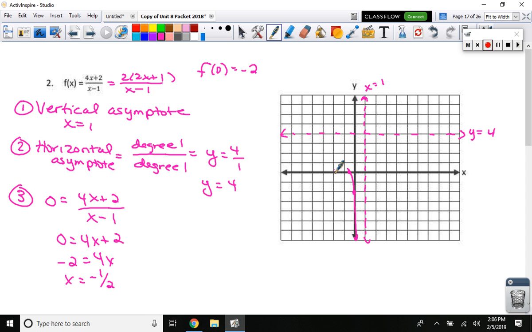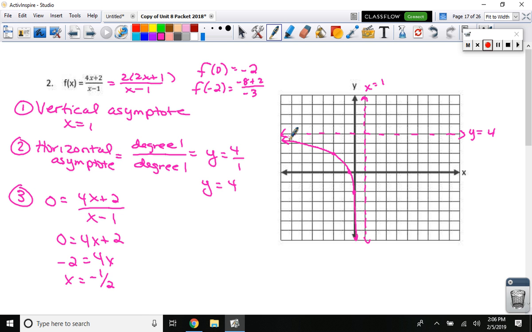How about one more: f of negative 2 is going to be negative 8 plus 2, negative 3 on the bottom. Nope, that's negative 6 over negative 3, positive 2. Alright, so I got that piece pretty good. I put in like 3 points and got that. Now I need to know what's going on over here, correct?